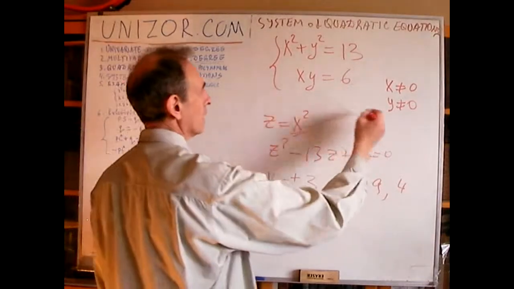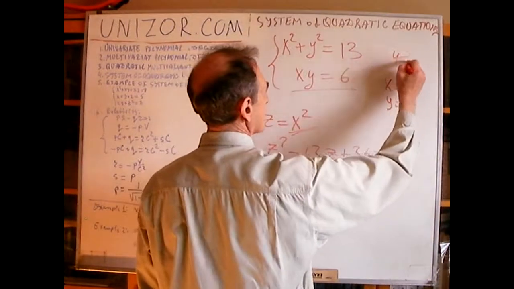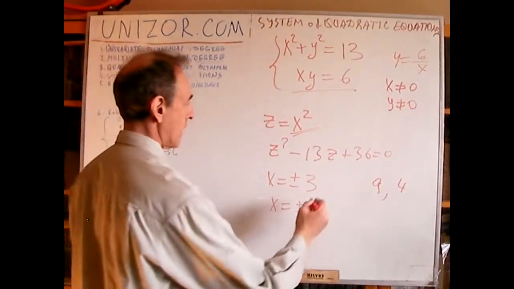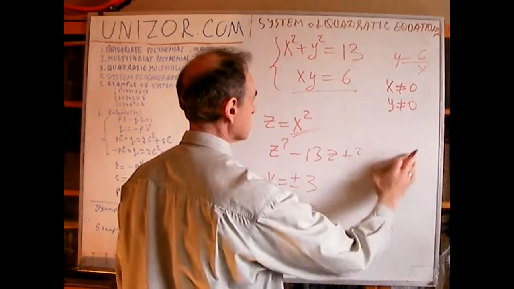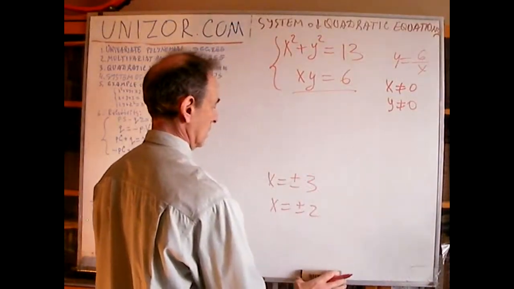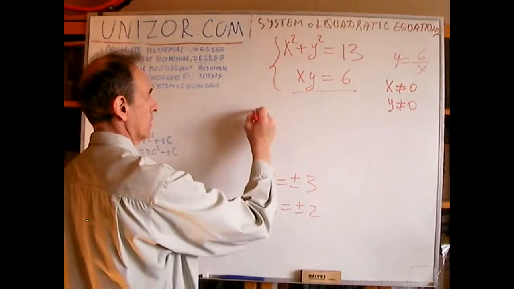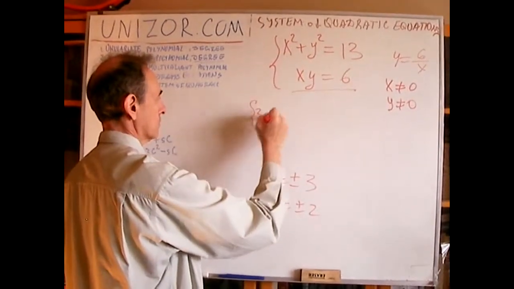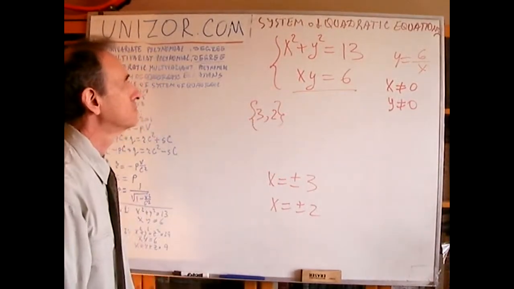Now, since y is equal, as you remember, to 6 over x, I have 4 different solutions to my system. For x equals 3, y is 6 divided by 3, which is 2. This is one pair.